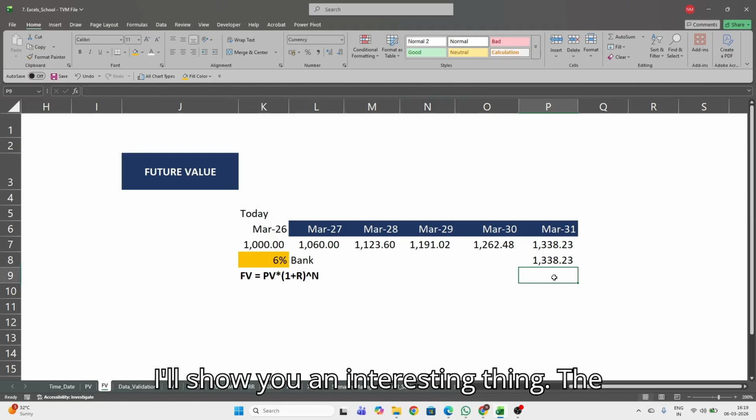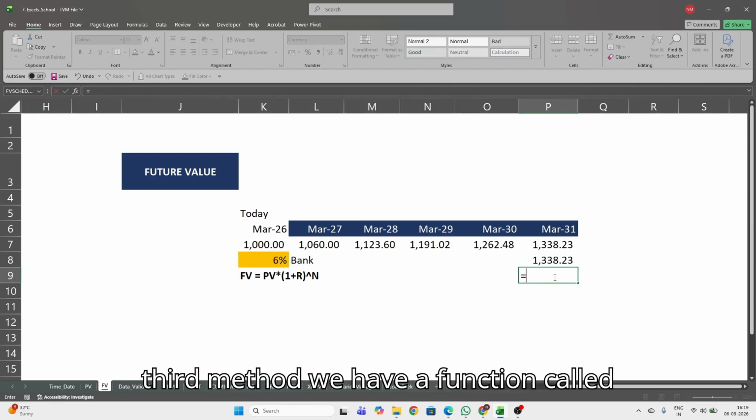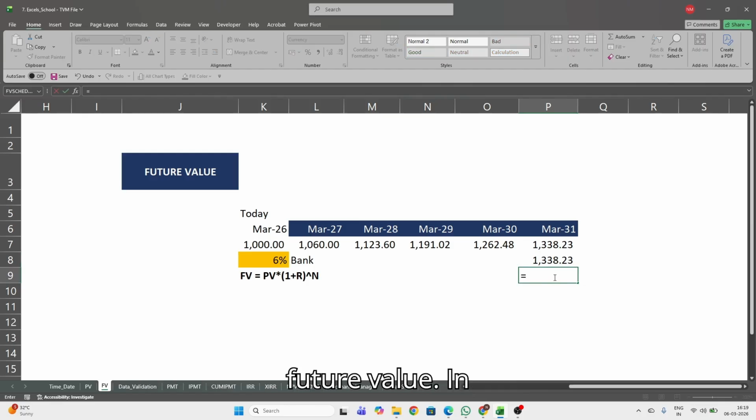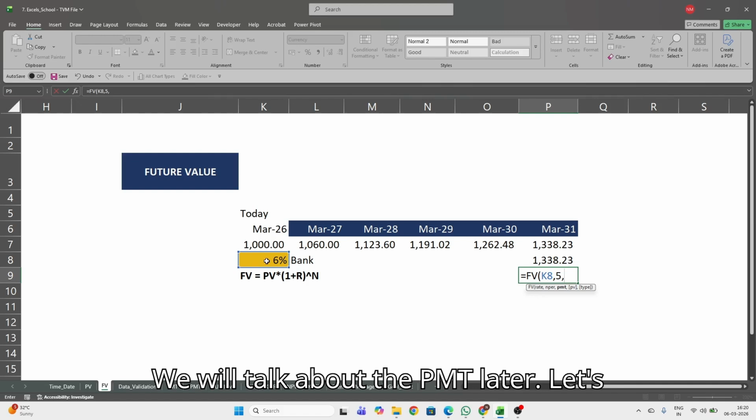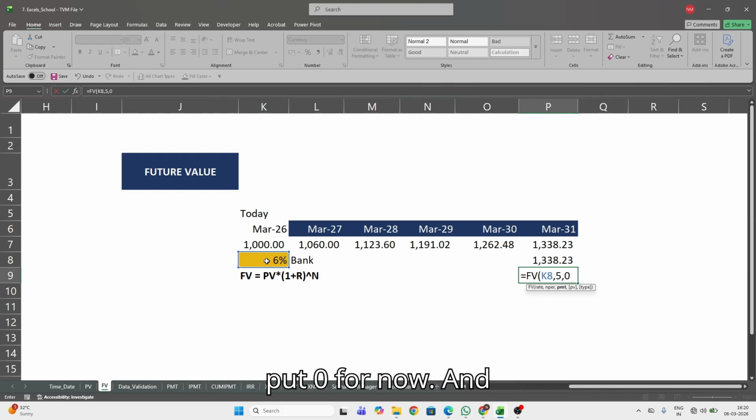I'll show you an interesting thing. The third method, we have a function called future value. In this future value, the rate is 6, NPER is 5. PMT, we will talk about the PMT later. Let's put 0 for now.